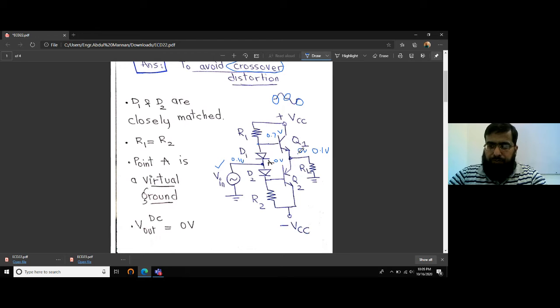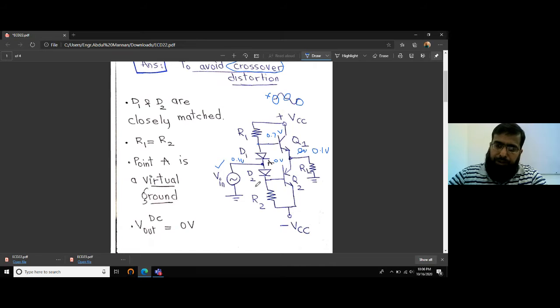So what's the purpose of this diode D1? During the positive half cycle, we get the output right as the input increases just above 0. This means there is no crossover distortion during the positive half cycle. So with the help of D1, we avoid crossover distortion in the positive half cycle.